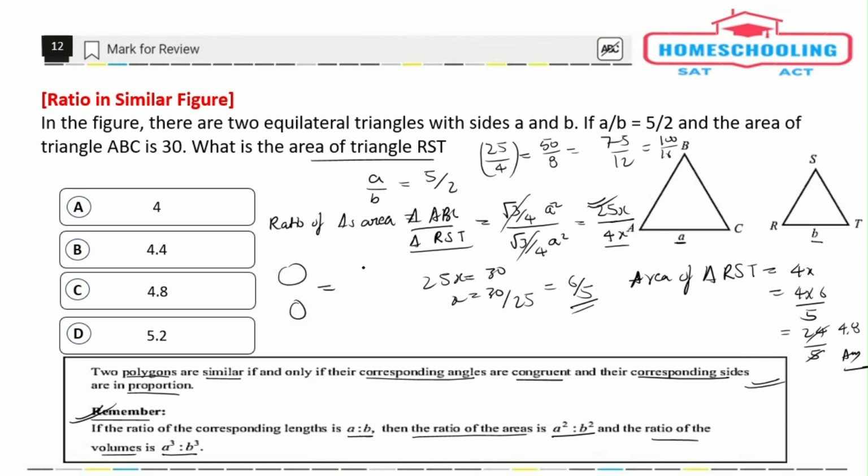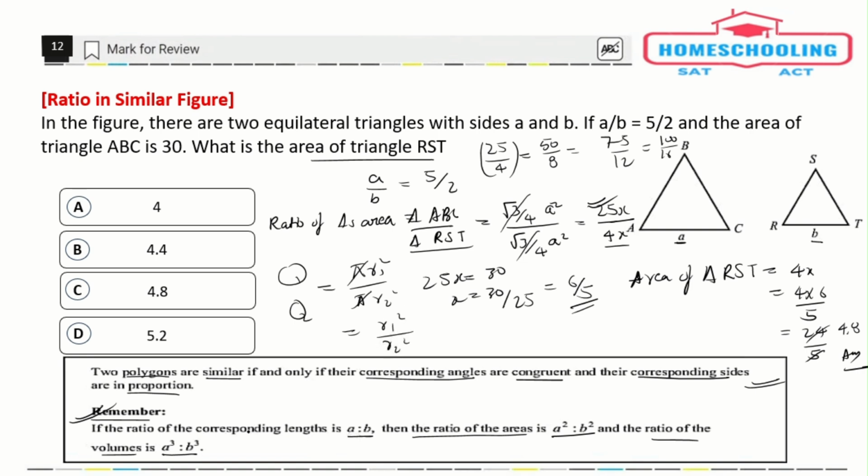So when we write it, it would be pi r1 square divided by pi r2 square. This is circle number 1, this is circle number 2. So pi will get cancelled because the area of a circle is pi r square. So it would be r1 square divided by r2 square.